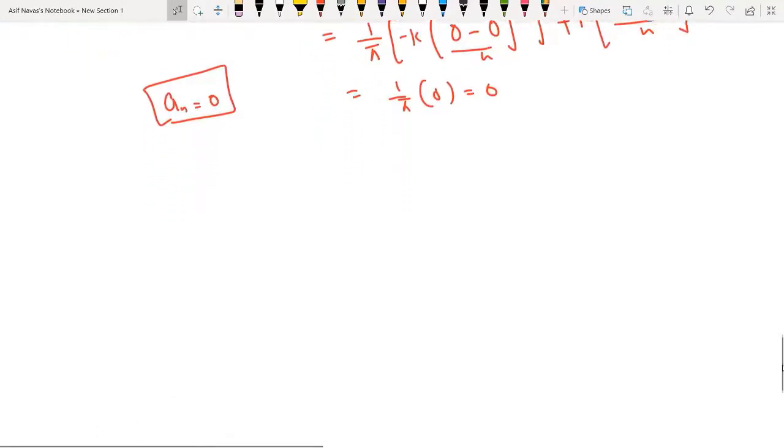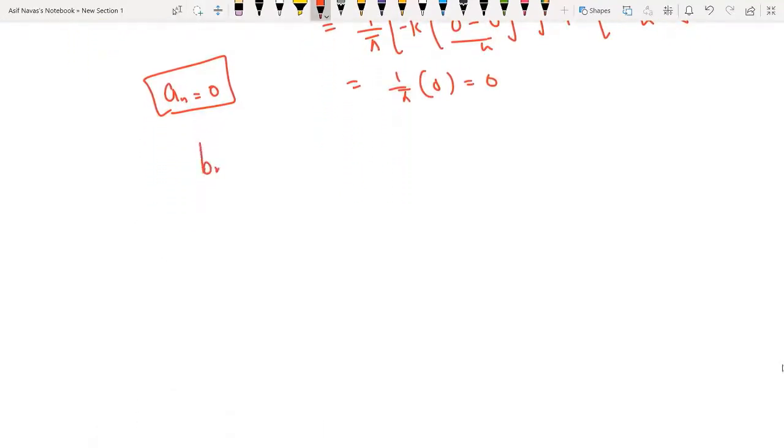Now finally we have to find bn. So by definition, bn is 1 by pi integral from minus L to L of f of x sin n pi x by L dx.